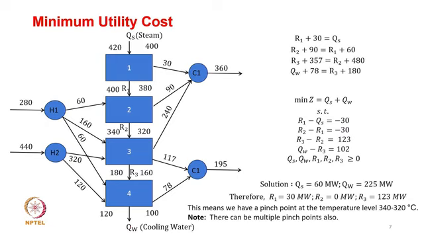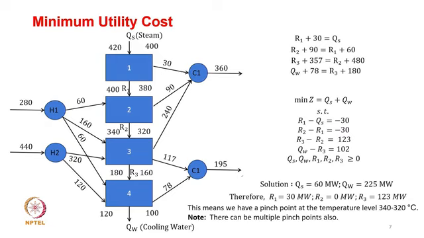So we formulate this as an optimization problem, wherein you need to minimize a variable z, which is a summation of QS and QW, hot and cold utility respectively, such that these balances are maintained.